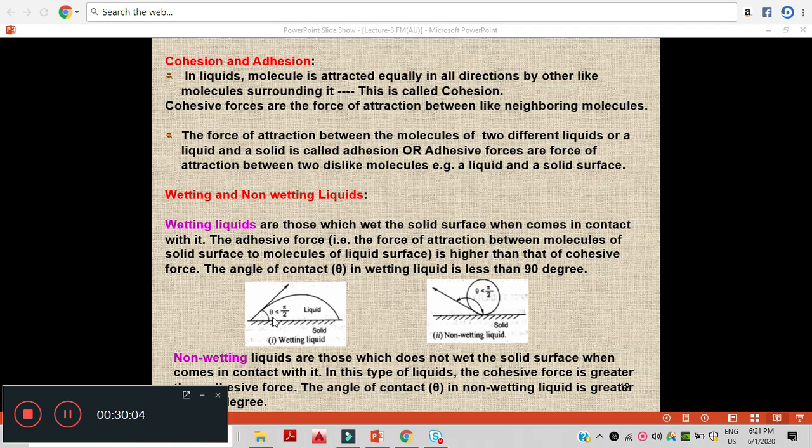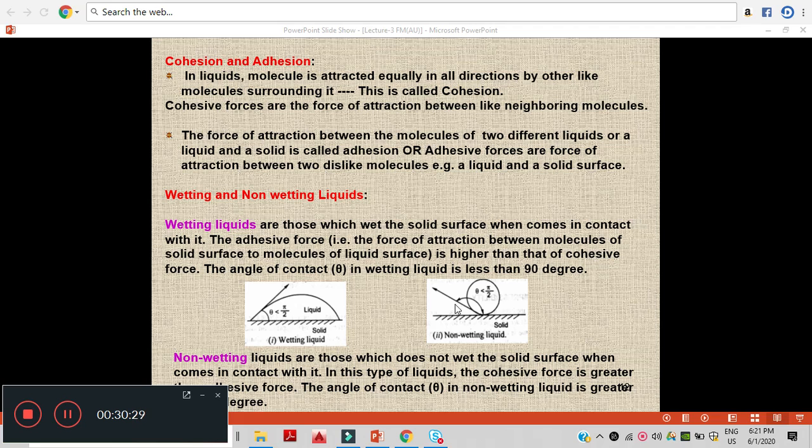If the angle is less than 90 degrees, such liquids are called wetting liquids, because you see it spreads on the surface. It happens with glass and water.